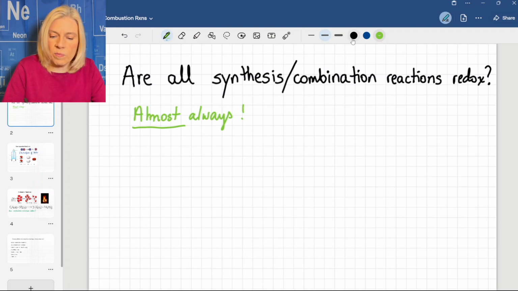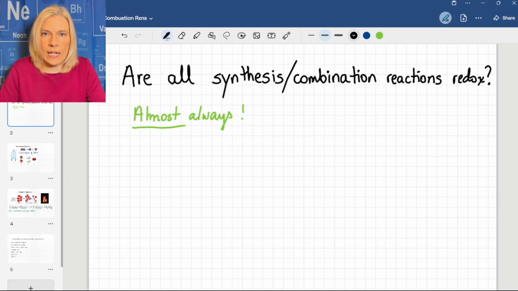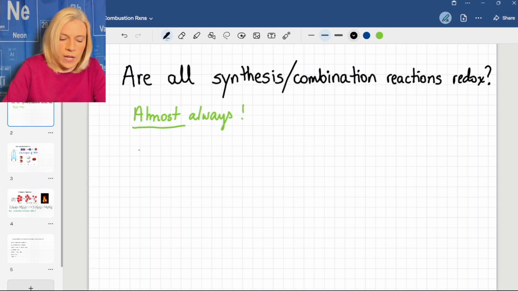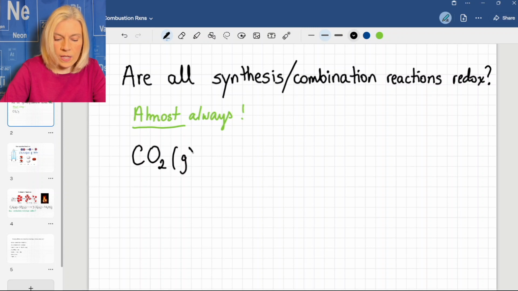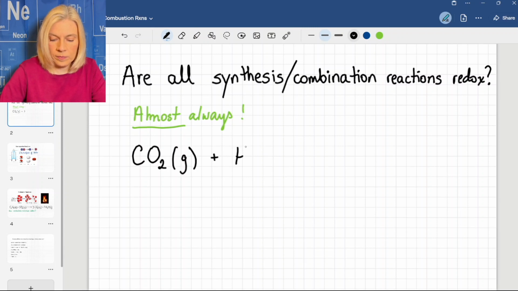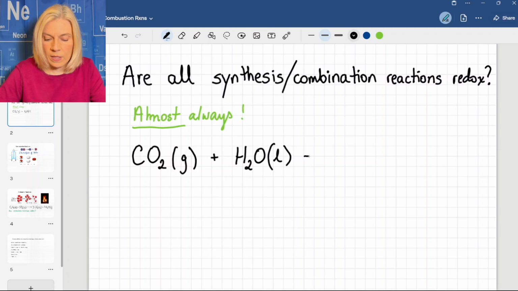So here's an example of a synthesis reaction that is not redox. When we have carbon dioxide gas in the atmosphere and rain is falling, so here are our raindrops, have you ever heard of acid rain? This is what it is.